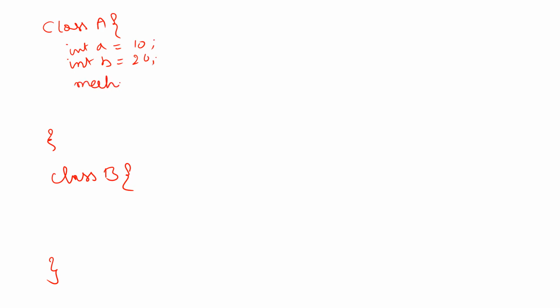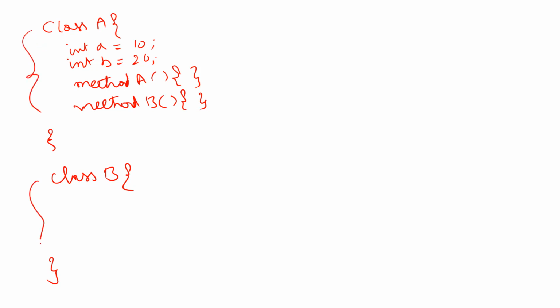And I have some methods here, which is method A and method B. Now, I would like to acquire the properties and functionality of this class A into class B. Then what I will do is, I will simply say extends A. This is class A.